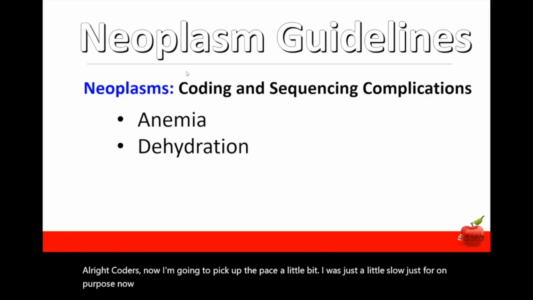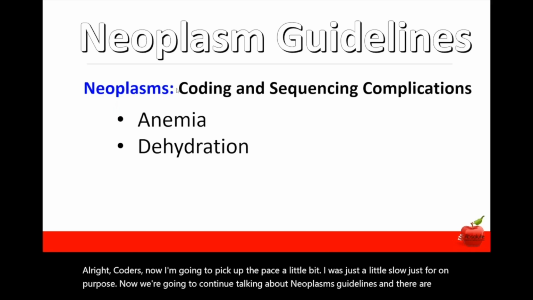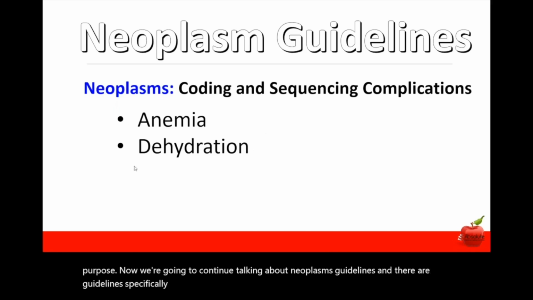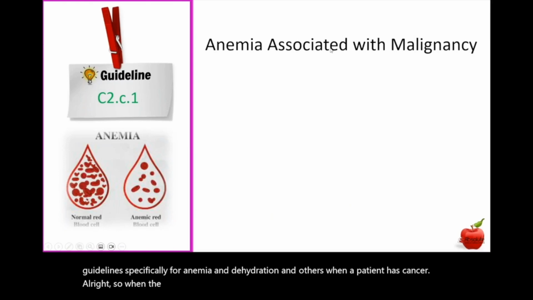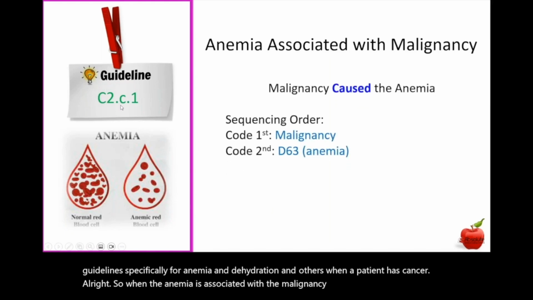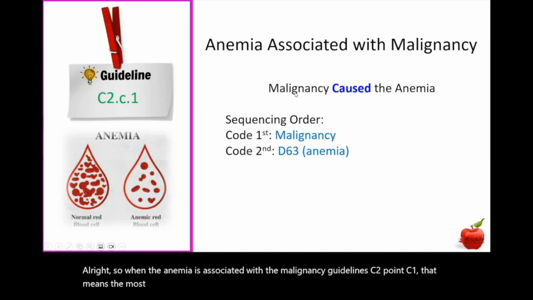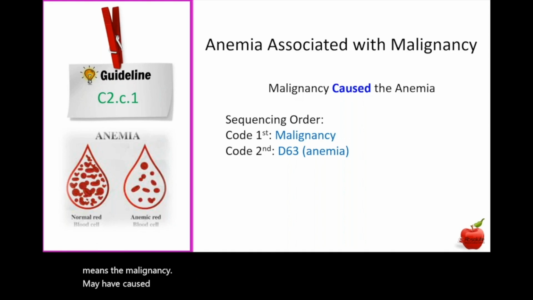Now we're going to continue talking about Neoplasms guidelines, and there are guidelines specifically for anemia and dehydration and others when a patient has cancer. All right, so when the anemia is associated with the malignancy, guideline C2.C1, that means the malignancy may have caused the anemia.